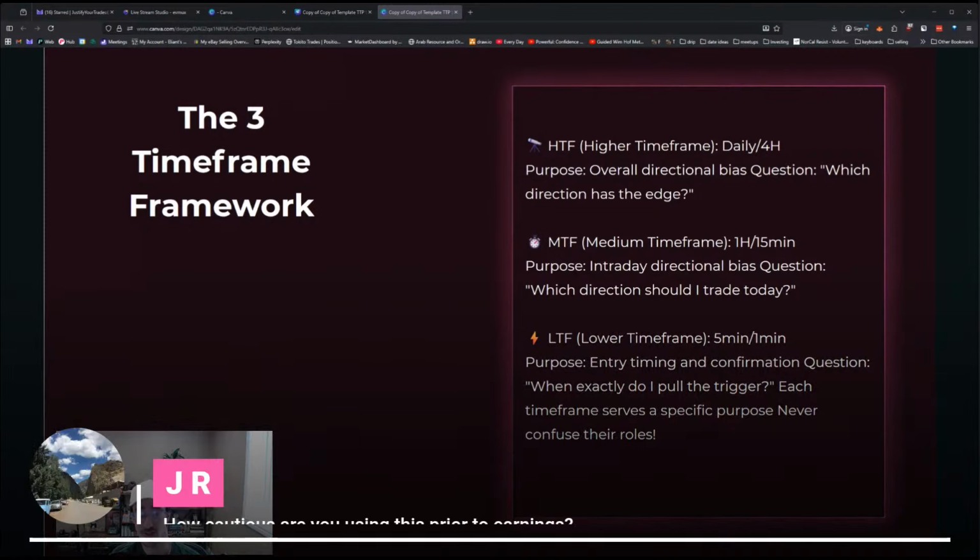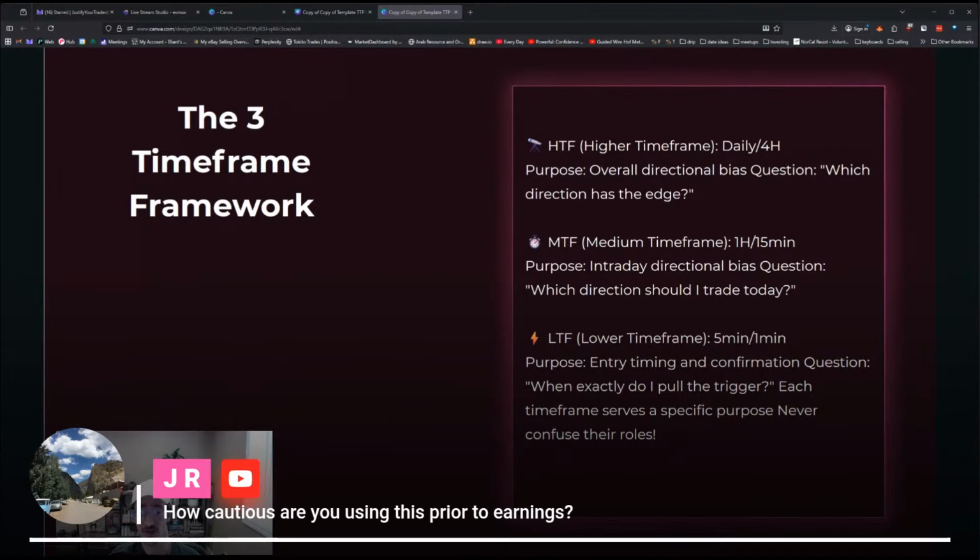JR asking, how cautious am I using this prior to earnings? I'm incredibly cautious prior to earnings because earnings break TA. By that, I mean TA is about taking the data we have access to, looking backwards and extrapolating forwards. So we can assume that the trends of the prior information we have access to will continue until there is new information which changes the trajectory of the prior trend.